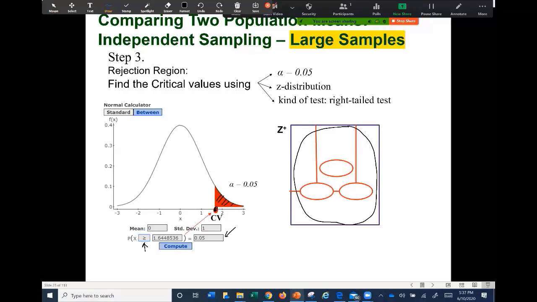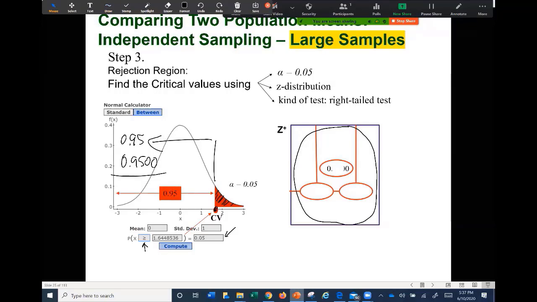And because alpha is the area of probability in this tail, the probability to the left in this case should be 0.95. Then that is the value that we need to find in the table, 0.95, because all values in the table have 4 decimals: 0.9500. That is the number that we need to find in the table.